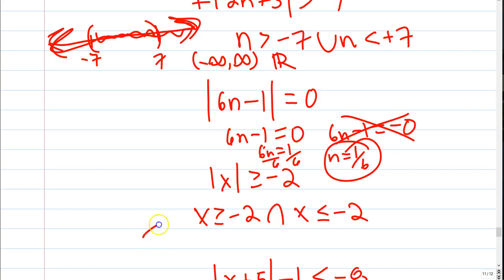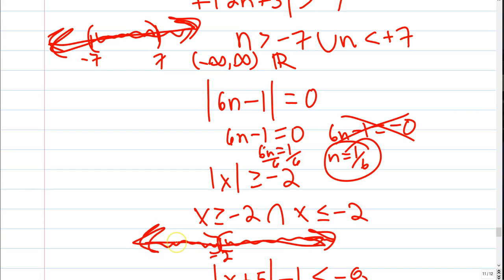So when I shade this, we have negative 2 greater than or equal to, less than or equal to, but it's an and, so I'm looking for the overlap. Well, there is no shaded overlap, but there is still an overlap. They share that point in the middle. They both share a point at negative 2. So our answer is basically just x equals negative 2.